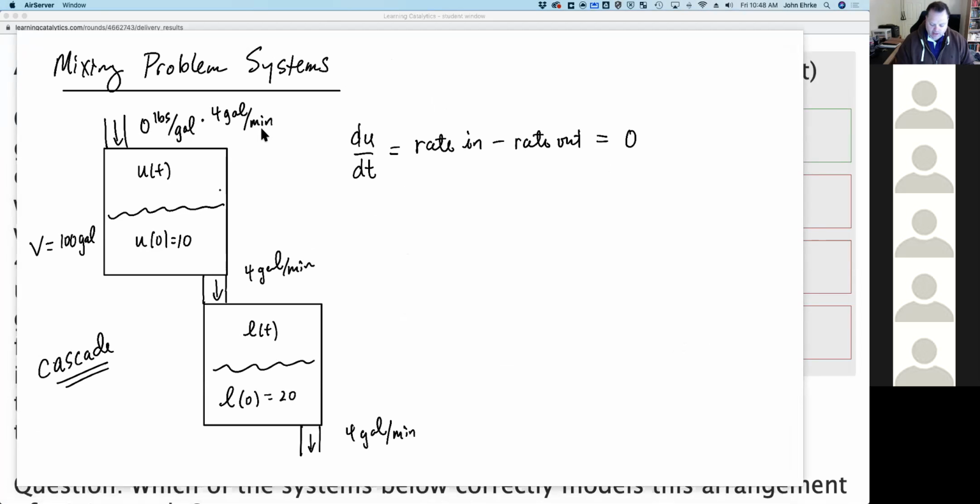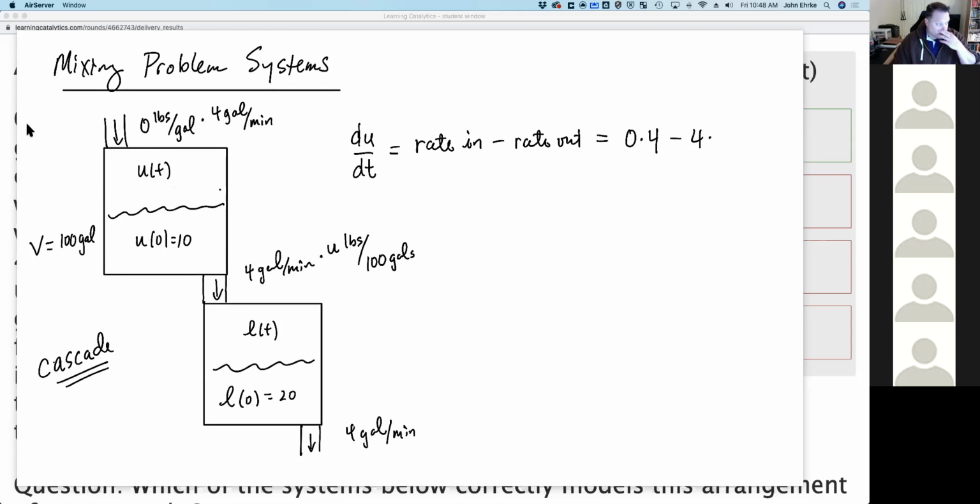If you want to write it as 0 times 4, you can. And then in terms of what's leaving, it's leaving at a rate of 4 gallons per minute. But what is the concentration that leaves? Well, the concentration that leaves is U pounds per 100 gallons.